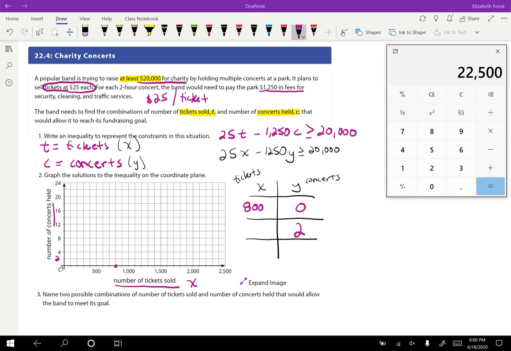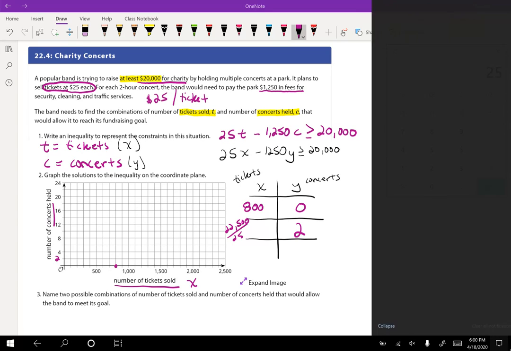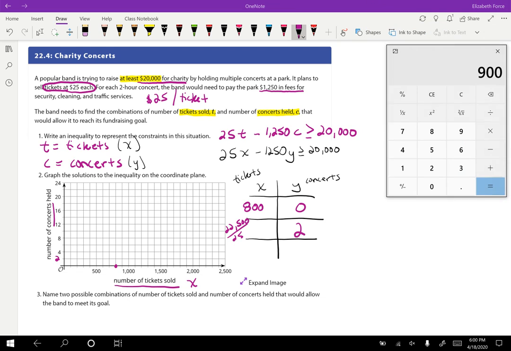So that 22,500 is how much I need to actually get in ticket prices. So I'm going to take 22,500 and divide that by $25 a ticket. I need to sell 900 tickets. If I sell 900 tickets and I hold 2 concerts, I've made $20,000.